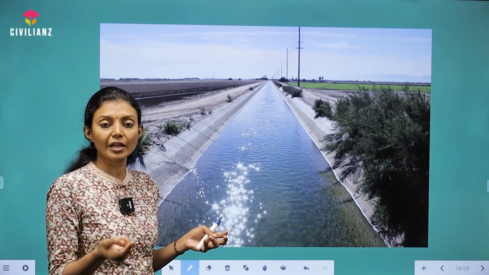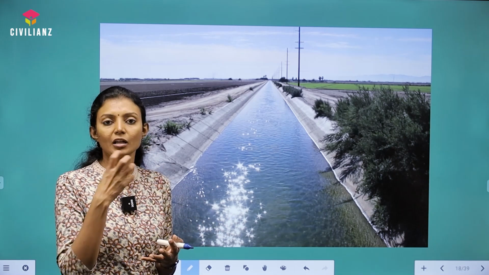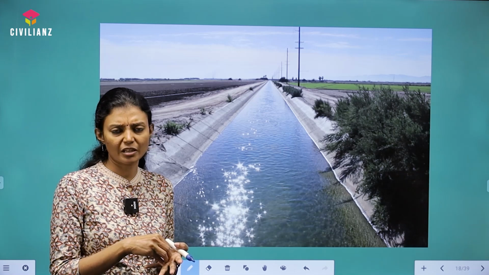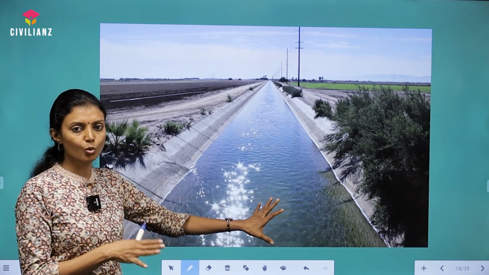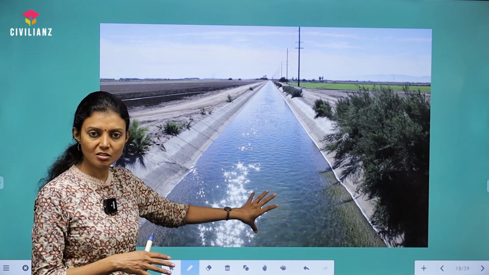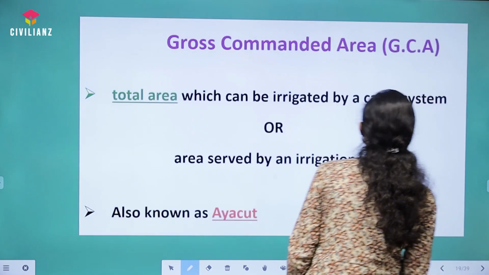But these 1000 hectares may contain different kinds of area. There may be houses and forest area distributed in different ways. But we are just looking at the total area which has access to this canal water. That is known as gross commanded area.